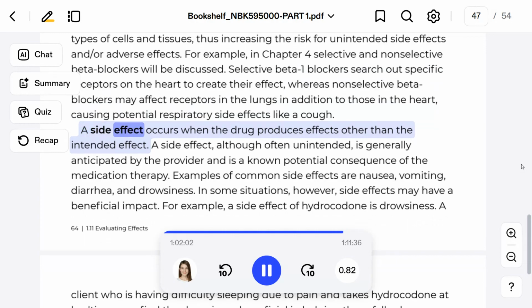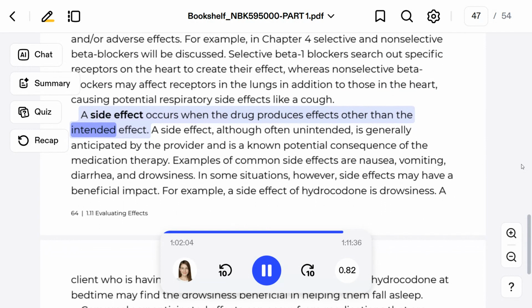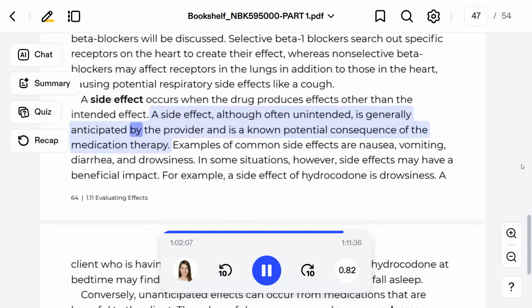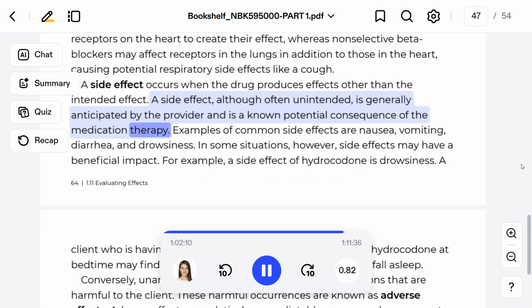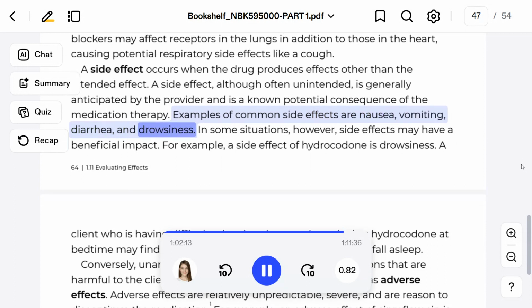A side effect occurs when the drug produces effects other than the intended effect. A side effect, although often unintended, is generally anticipated by the provider and is a known potential consequence of the medication therapy. Examples of common side effects are nausea, vomiting, diarrhea, and drowsiness.